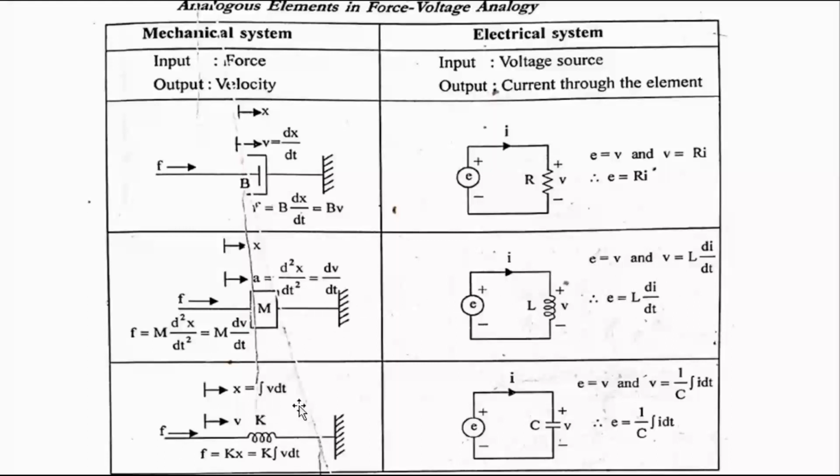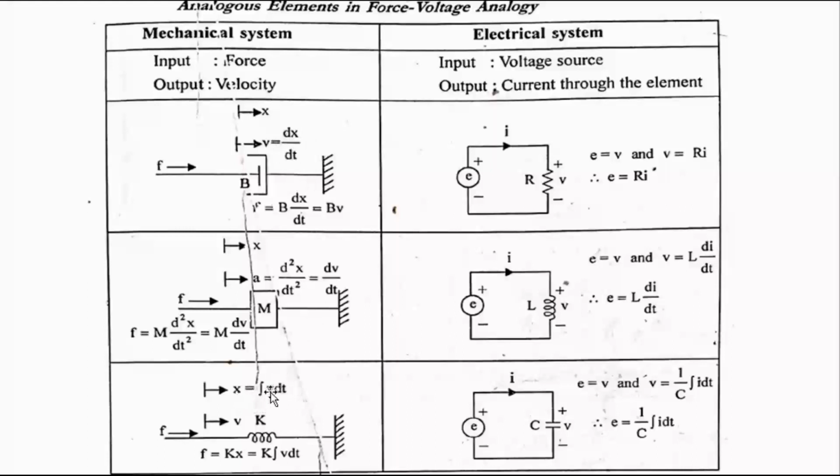Then finally, we compare the mechanical system spring element. For the spring element, the opposite force acting due to the applied force is equal to k into x. Velocity is equal to dx divided by dt. Take integral on both sides. Integral v dt is equal to x, since d by dt cancels x. So x is equal to integral v dt, where v is the velocity.